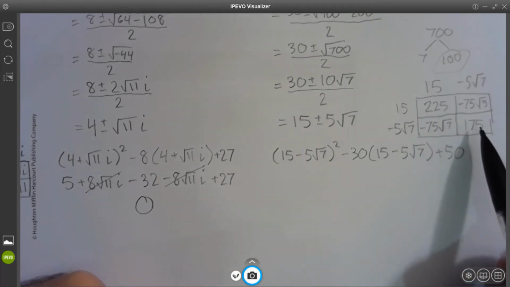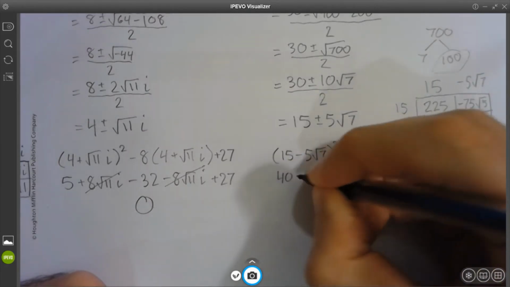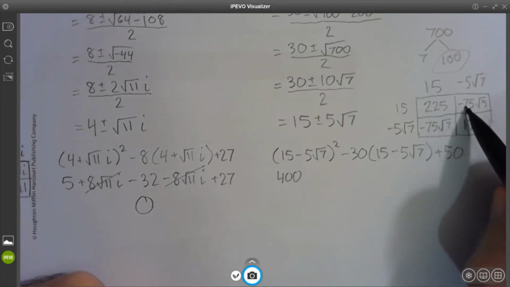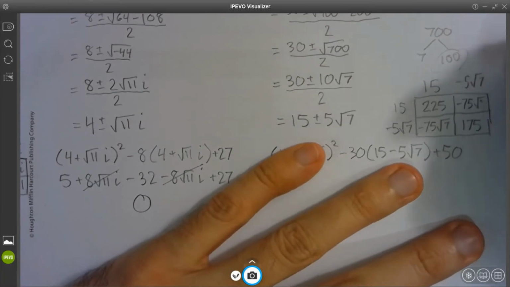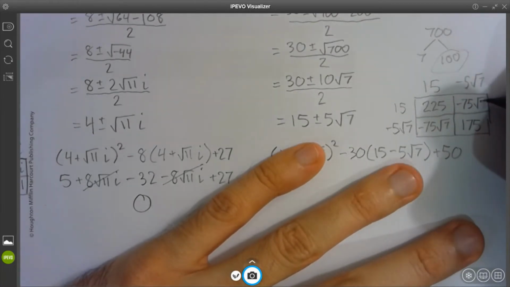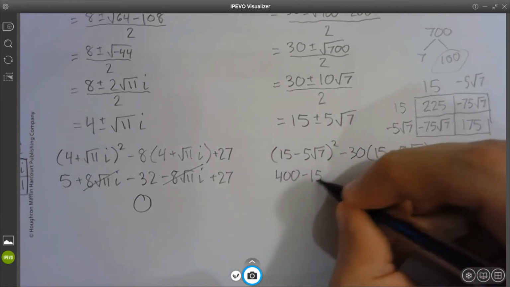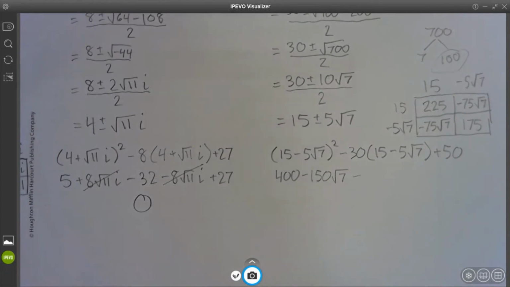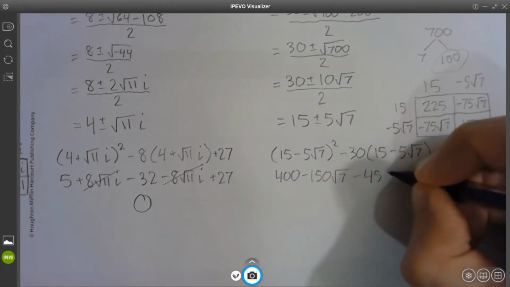This gives me what, 400? 400, yeah. And I have negative 150 root 7. I said root 5 here. That's supposed to say root 7. My bad. Minus 150 root 7 minus, okay, 30 times 15 is 450. And this is going to be minus 450.